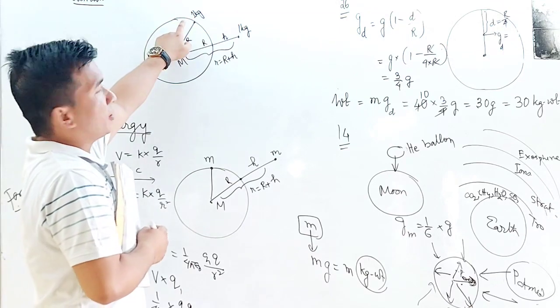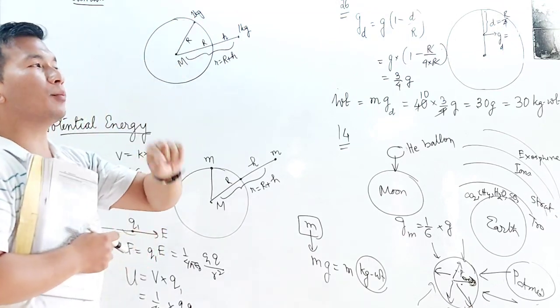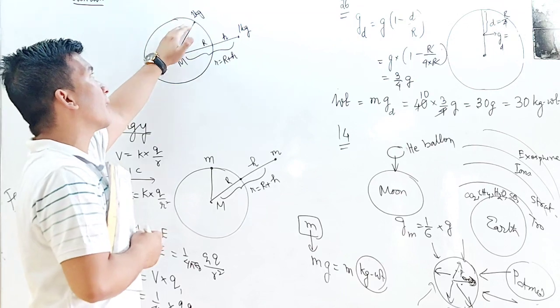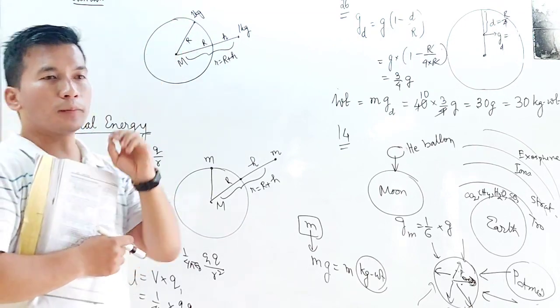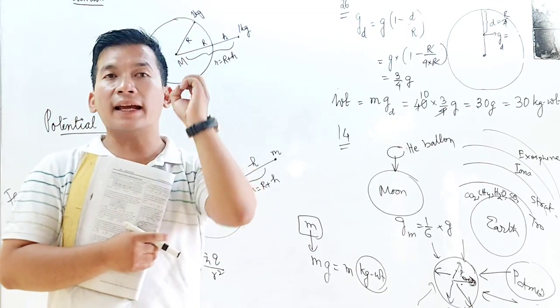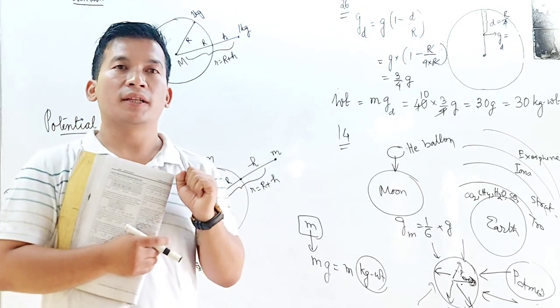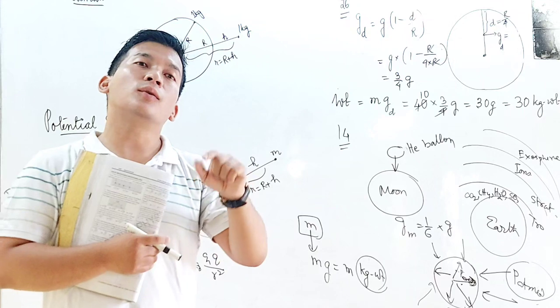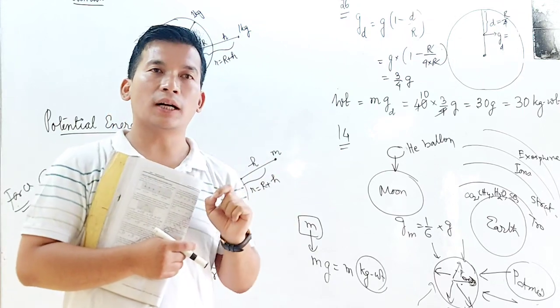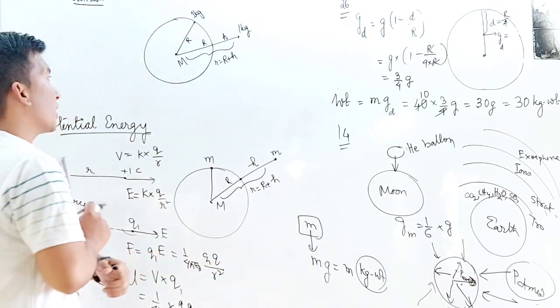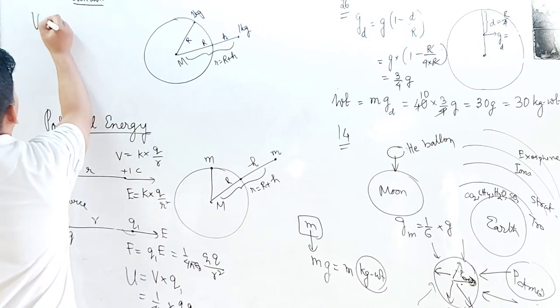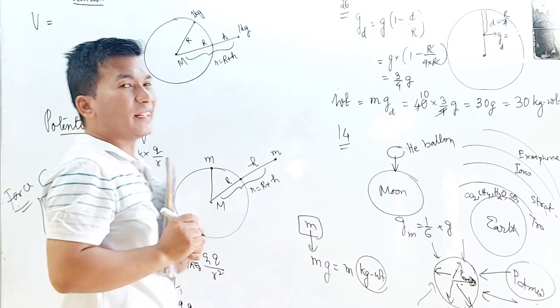If 1 kg mass is on the surface of the earth, how much energy will it possess? That energy will be known as gravitational potential. Gravitational potential on the surface of the earth, V, will be equal to what? Will it be positive or negative?